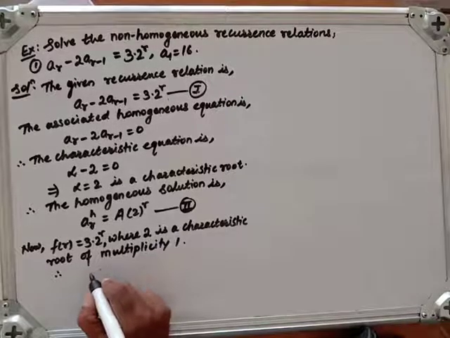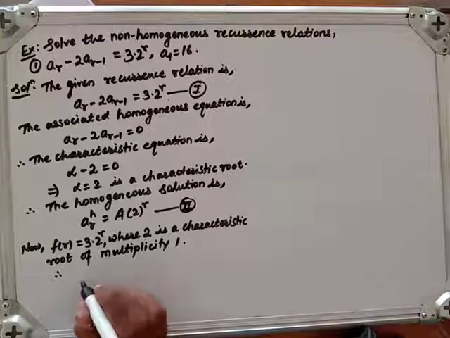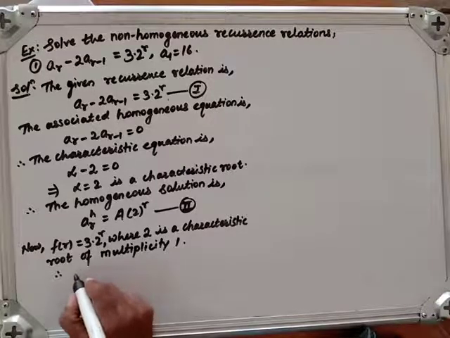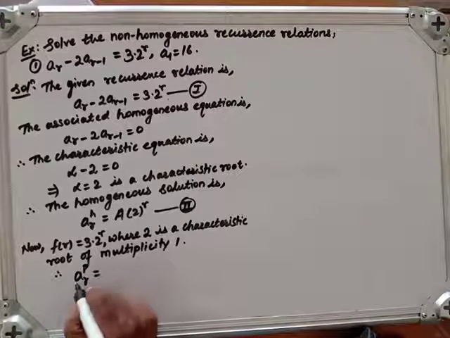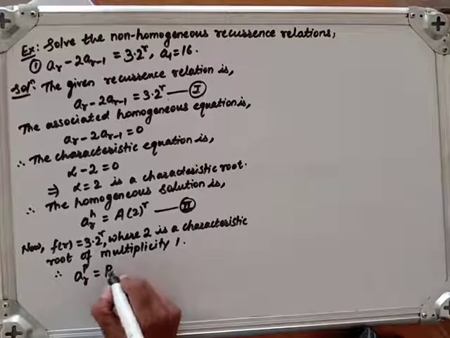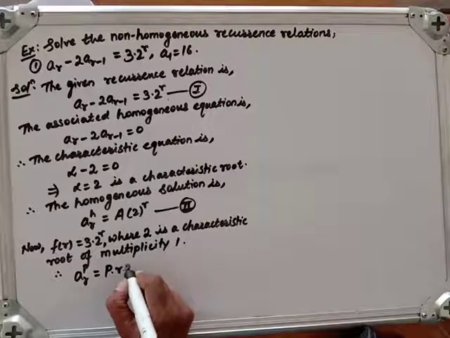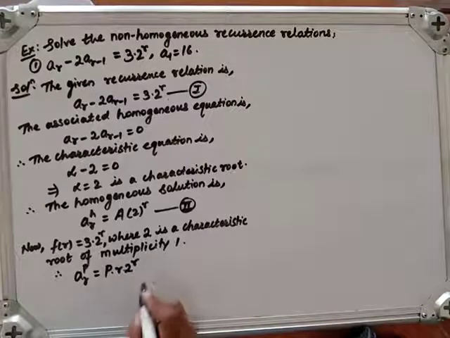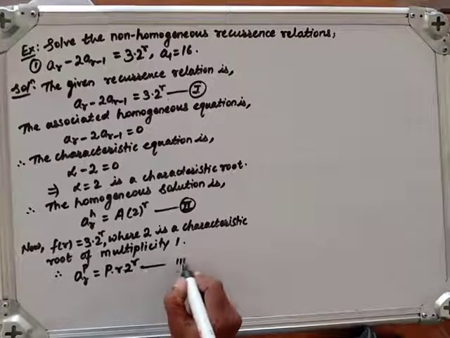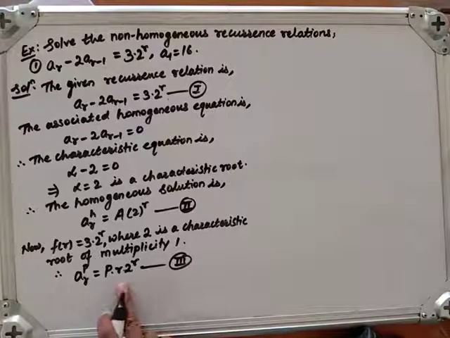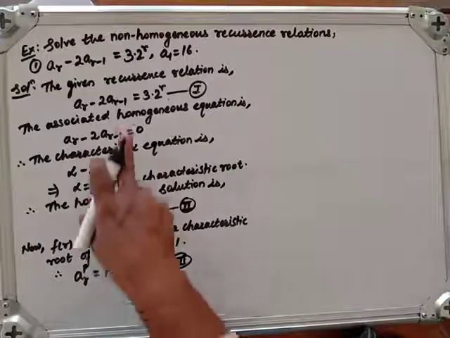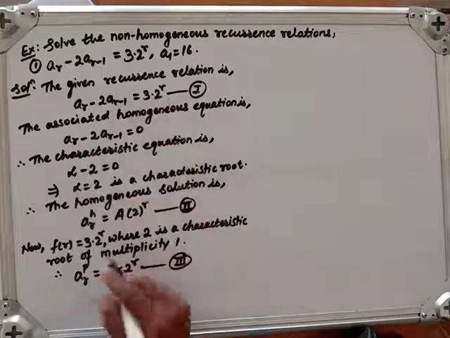Therefore by rule 4 of the general form of the particular solution, we get a_r^p, the particular solution, is P into r into 2 raised to r. Let it be equation number 3. Fine. Now we need this for getting P from 1.